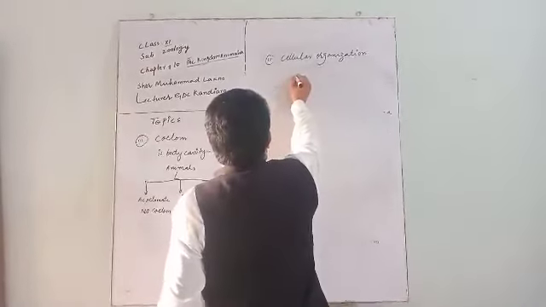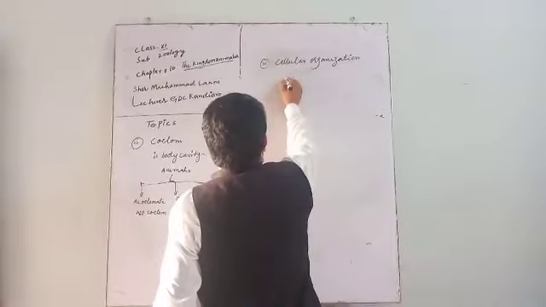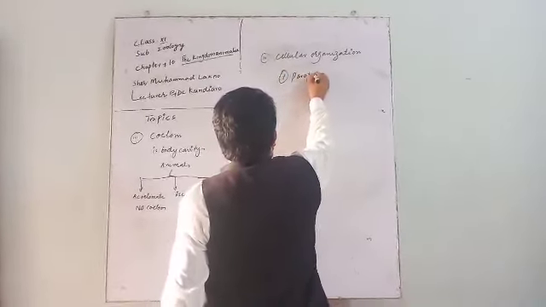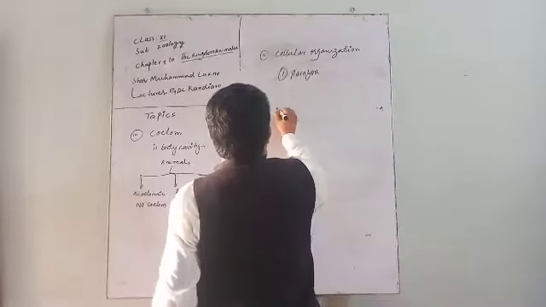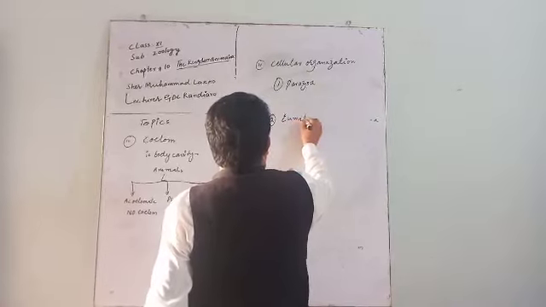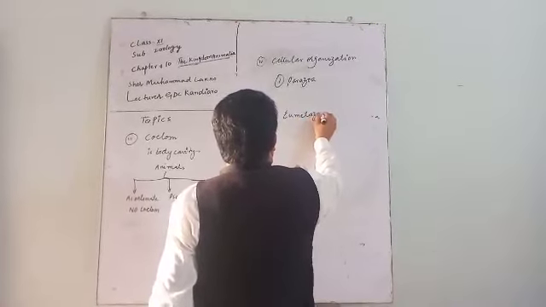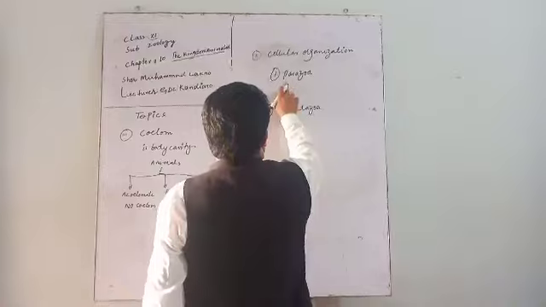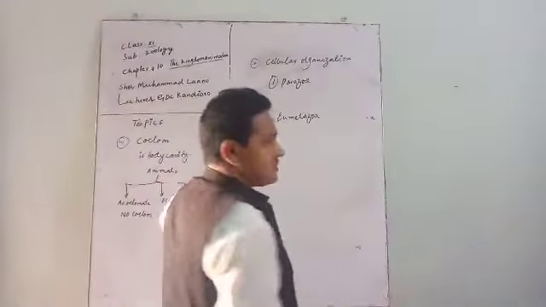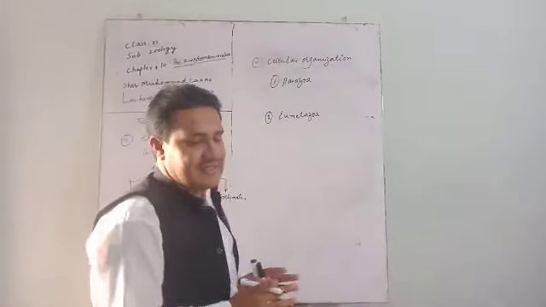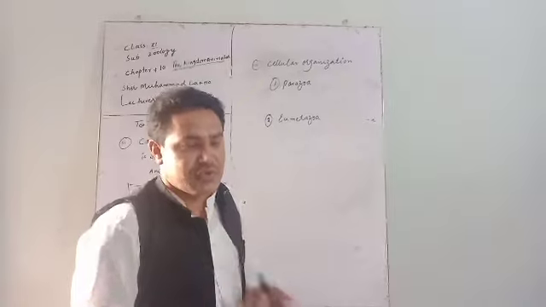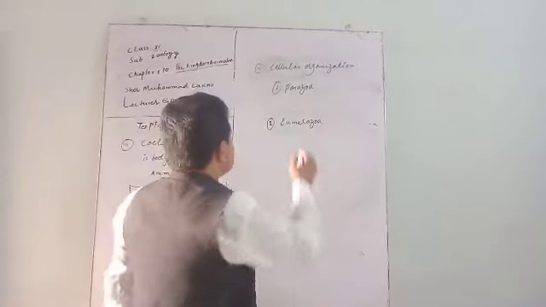Number one is the Parazoa group. Number 2 is the Eumetazoa group. The Parazoa group is that group which has many cells. There is an assemblage of cells but no tissue formation occurs.